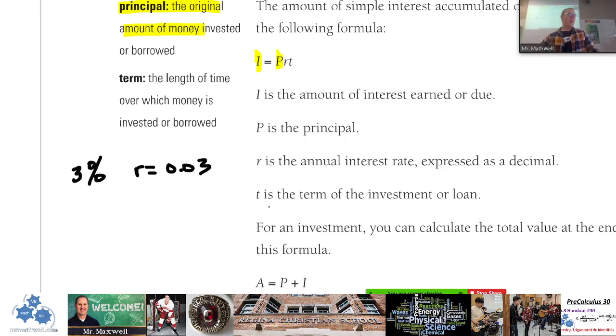It's the decimal form of that percent. So you've got your principal times the decimal form of the percent, and then the T is the term of the investment. Term is the length of time that you're going to invest or the length of time it's going to take you to pay back. That's the whole total amount of time before everything is settled. So the interest part is the principal times the rate per year times the number of years, really.